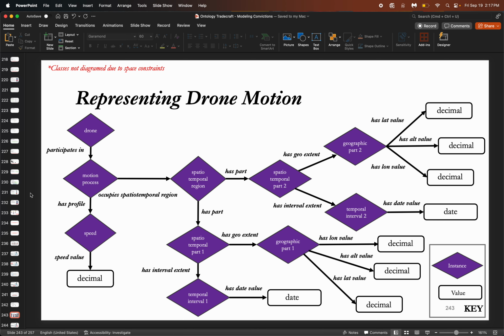So you might have a geographic part and then a temporal interval part. Those temporal interval parts will have dates, and those geographic parts, as parts of space, are going to have decimal value lats, longs, and altitudes. And so what I've done is I've represented different stopping points, different parts of the overall process of a drone moving through the world with different lats, longs, and altitudes, and over different dates and times.